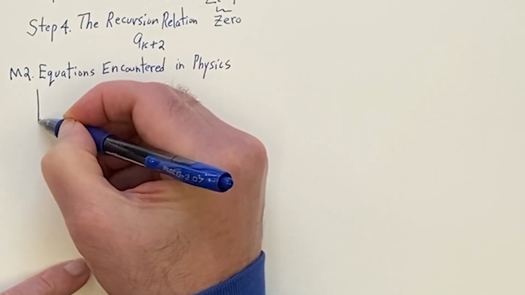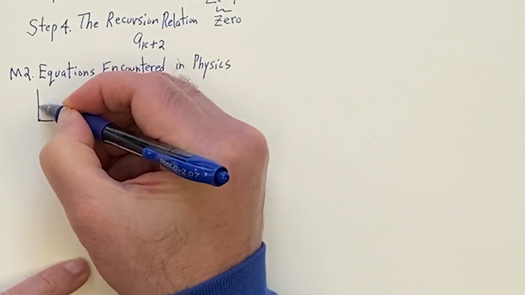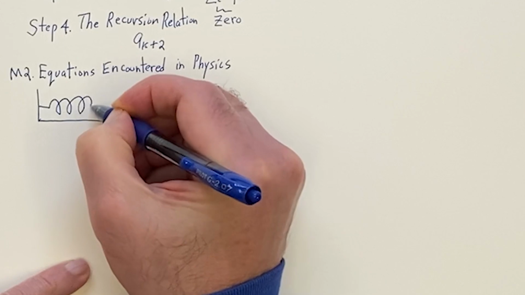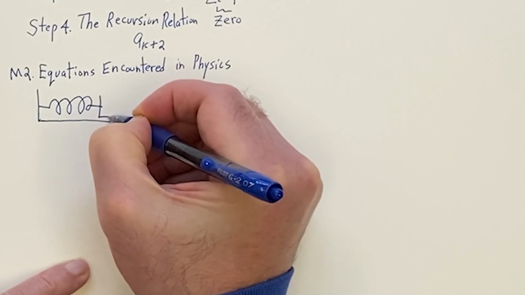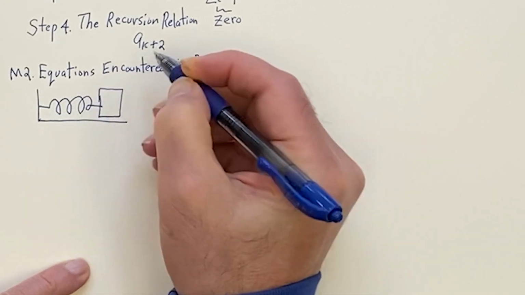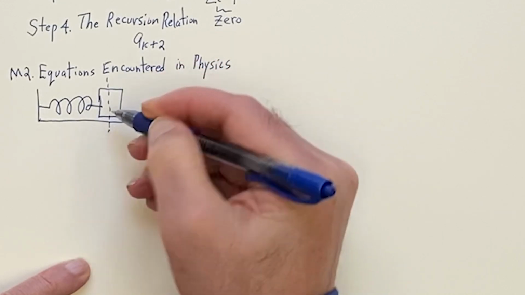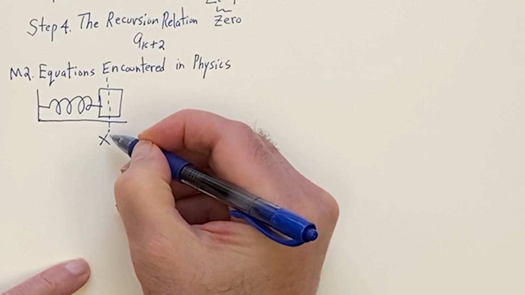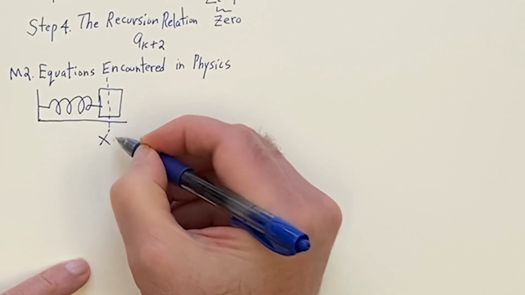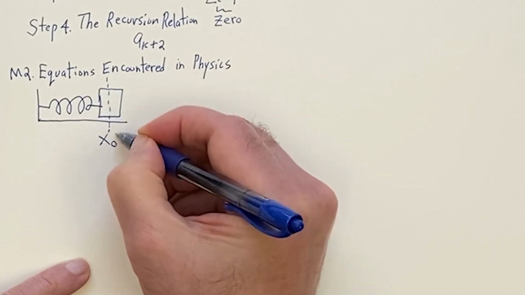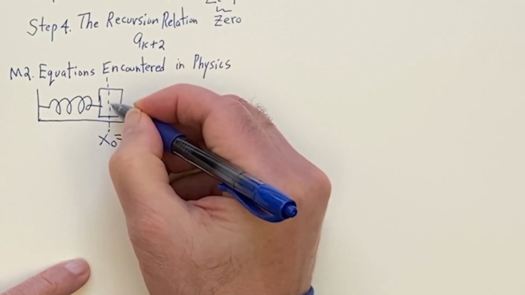And here's a nice one, where you have Hooke's law, you have the spring, and you have a mass, and say this is x naught. You can pick that to be 0 as a reference.